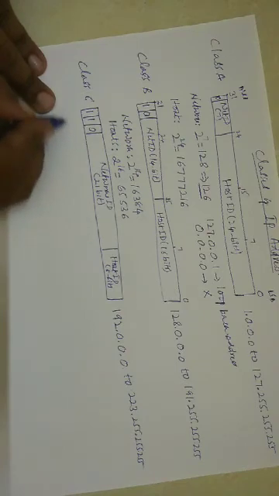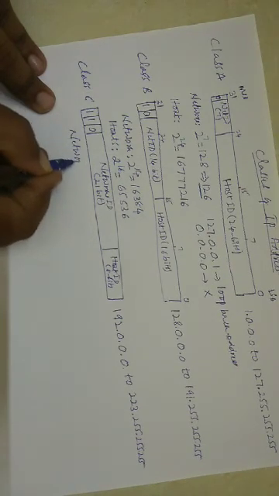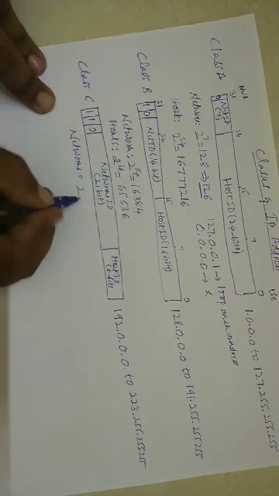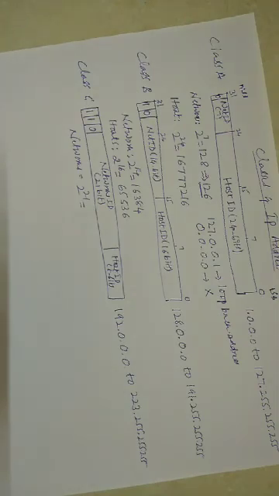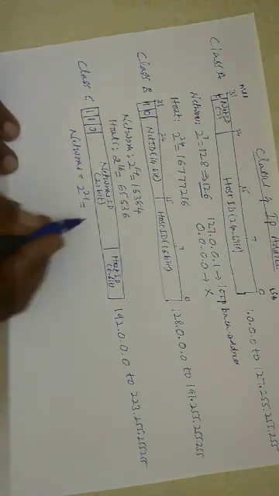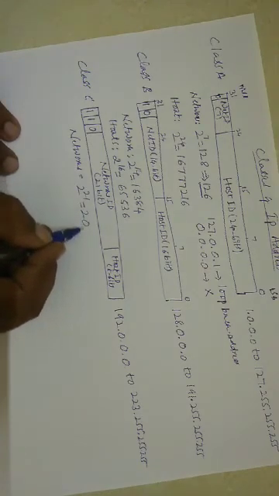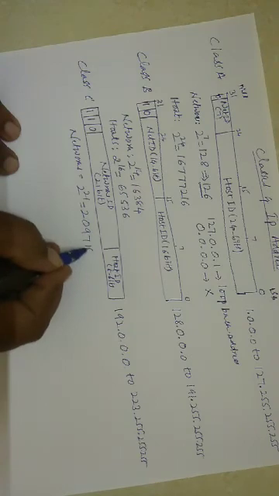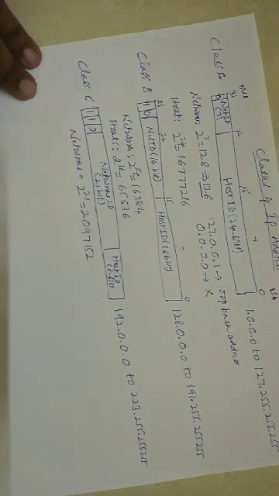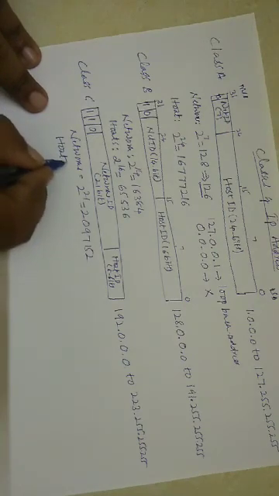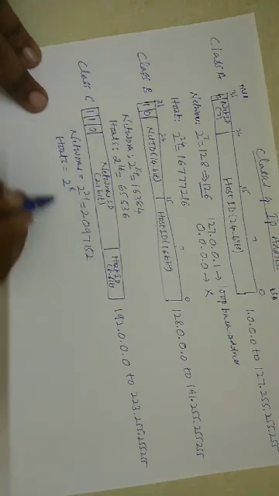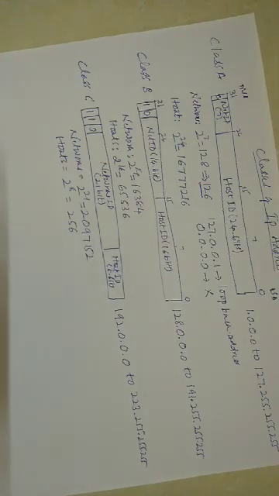A maximum of 2 raised to 21, which is 2,097,152 networks. Each network can have 2 raised to 8 hosts, because our host ID is 8 bits. 2 raised to 8 is 256 hosts for class C IP address.